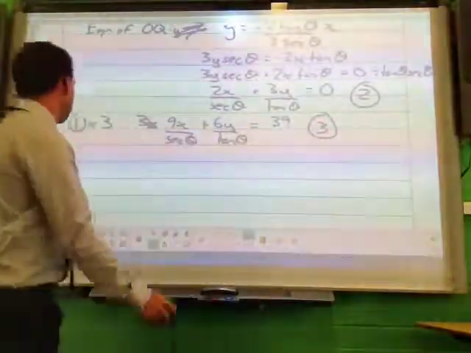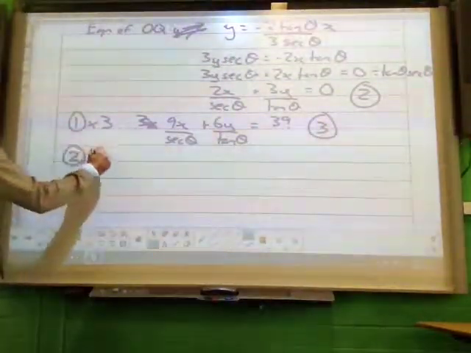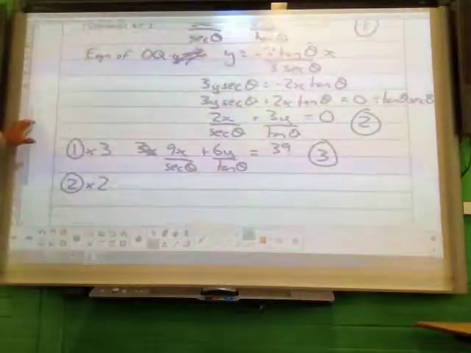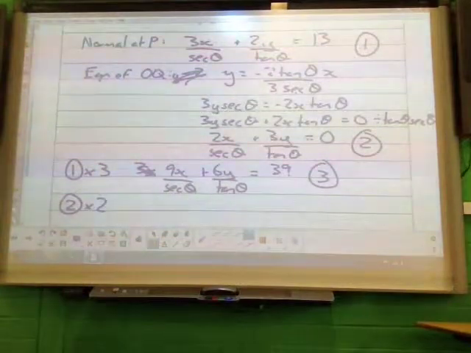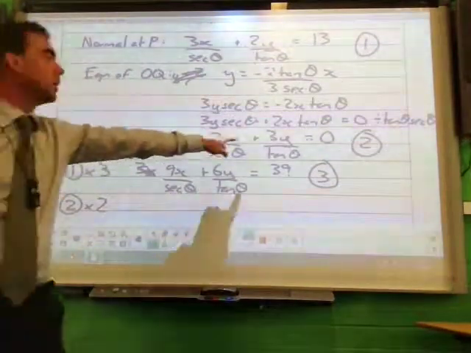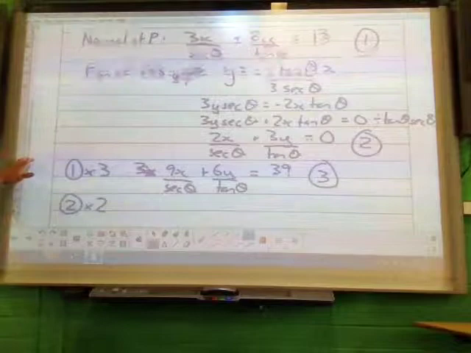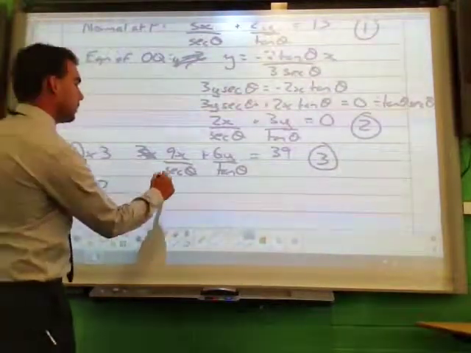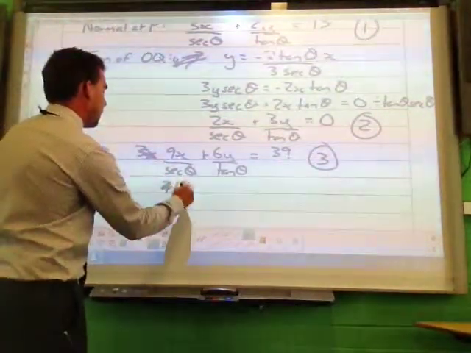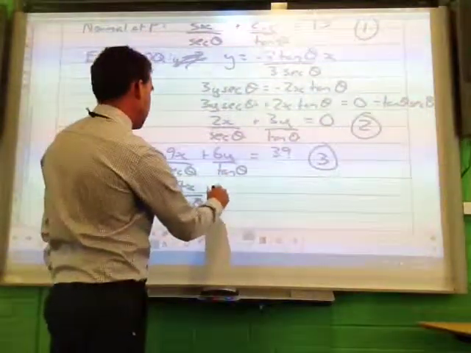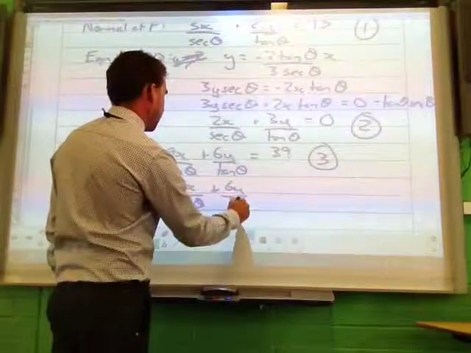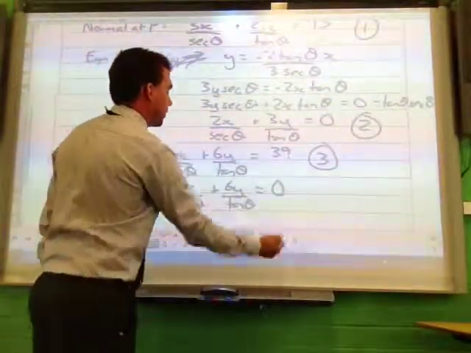That's equation 3. And then equation 2, I'm going to double it so that I get the coefficient of y as 6. Multiply everything by 2, so 4x over sec theta plus 6y over tan theta is 0.